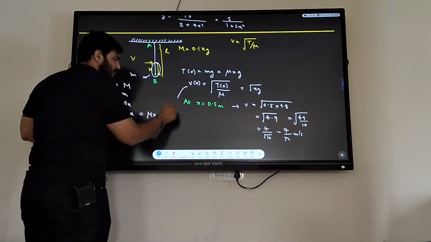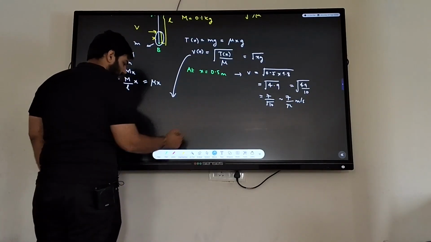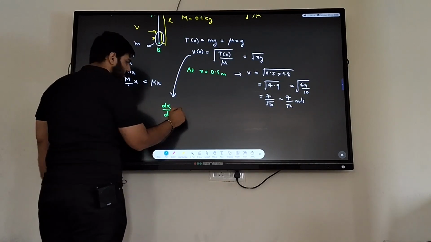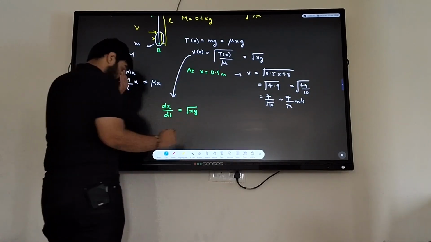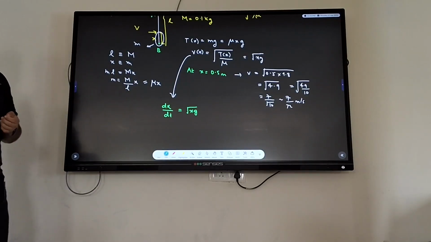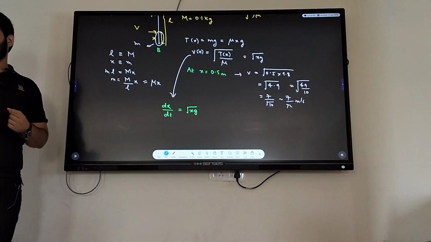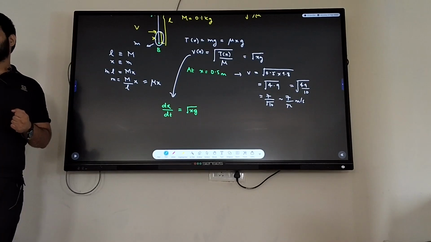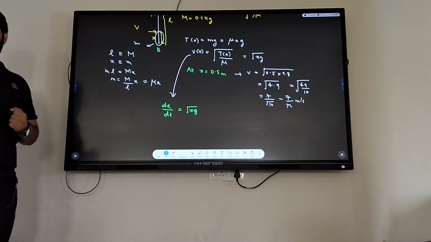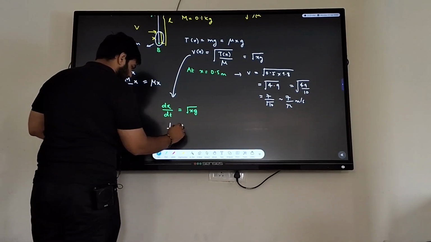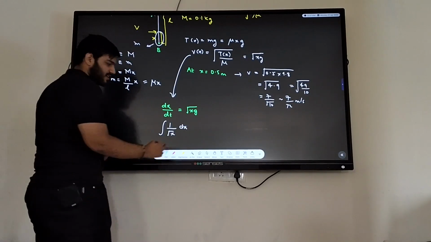So what can this v be written as? This can be written as dx by dt, which is equal to root gx. And now everyone will tell me what is the integral of 1 by root x. If they don't tell me, then I will write it 500 times. What time did you invest? Tell me. Tell me the integral of 1 by root x.